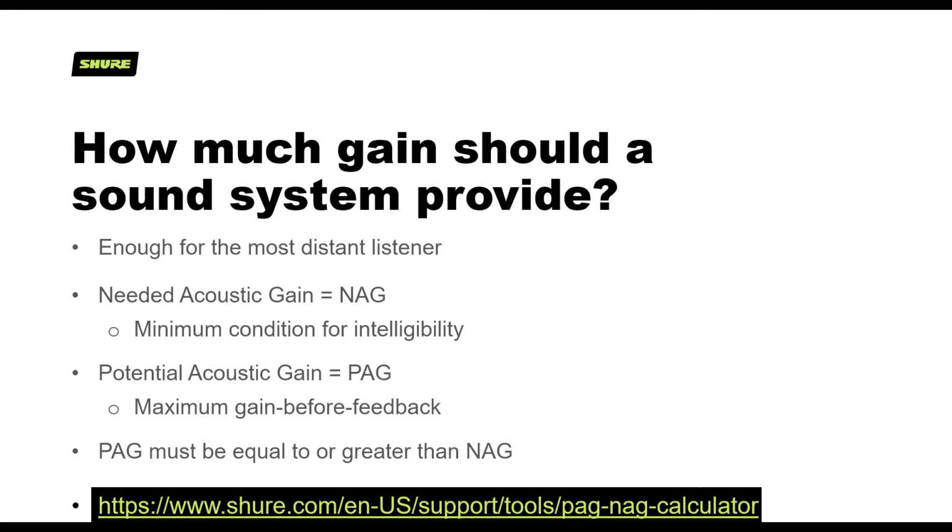So how much gain should a sound system provide? Well, that's where we use this math formula to figure that out. Generally, your rule of thumb should be that everyone in a given environment, whether it's a meeting room or a concert or a house of worship, whatever it happens to be, your sound system should provide enough gain so that the person who is furthest away from the presenter or the talker or the performer can hear just as well as the person that's closest, right?